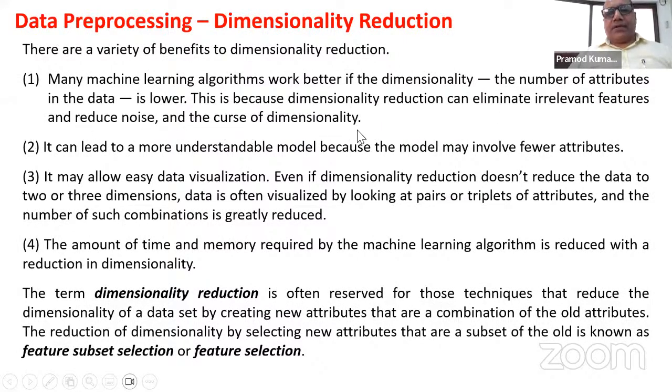the curse of dimensionality. Obviously some of you must be thinking, if we go for fewer dimensions or fewer features, why will we get a better result? Because usually what we think is that more is better. But actually it is not always so, especially in machine learning algorithms where the number of features is huge.